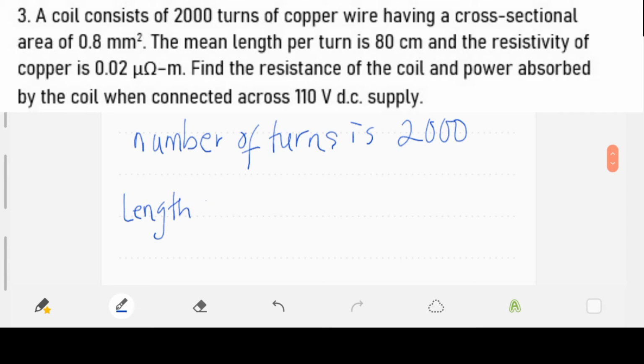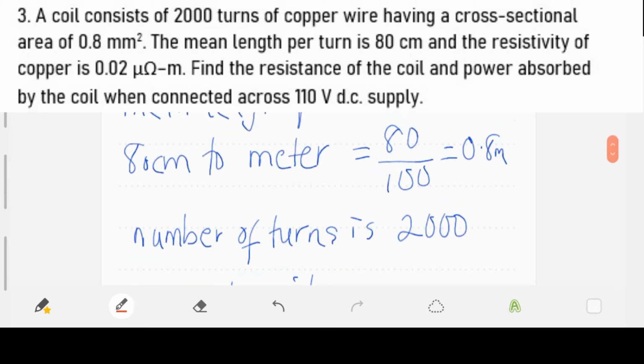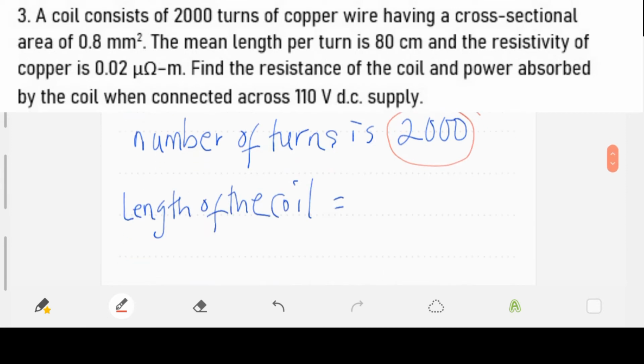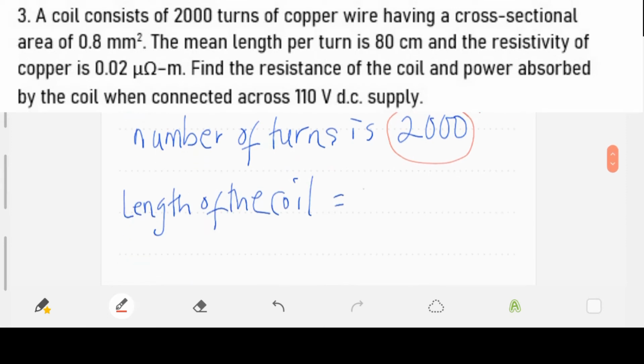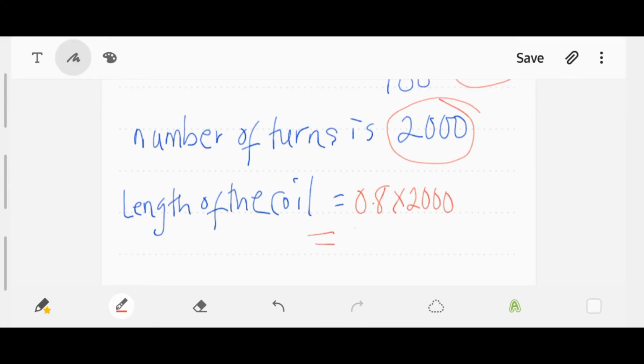To get the length of the coil, we'll say this 0.8 times 2000, the number of turns, that is 0.8 times 2000, which is equals to 1600 meter. That is the length of the coil. So now we've gotten our L.